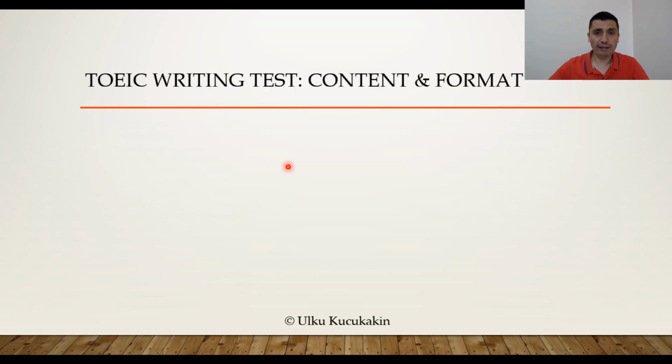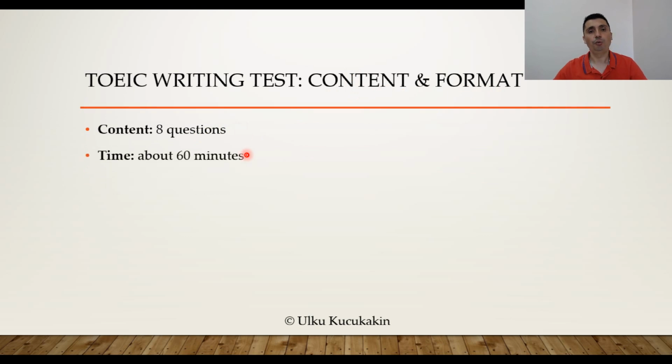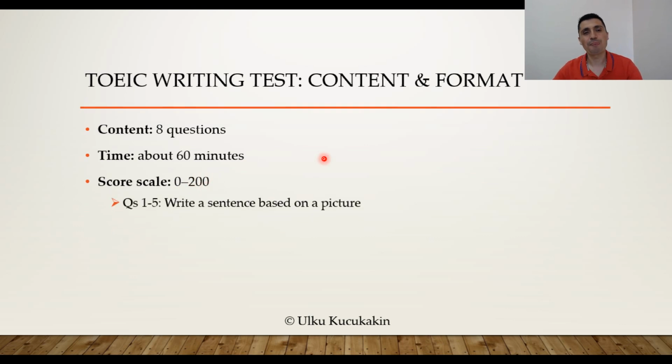What about the writing test? What content does it have and in what format? Now, in the TOEIC test, we see that you have 8 questions, which take about 60 minutes. And again, you will be given a score between 0 to 200, hopefully somewhere close to 200, okay? All right, so in questions 1 to 5, you will be asked to write a sentence based on a picture.